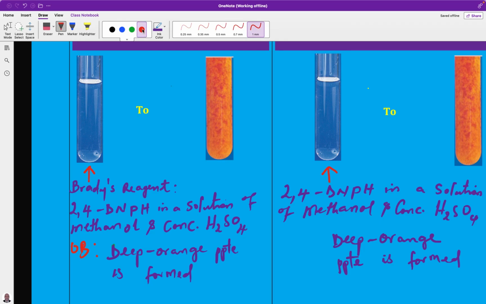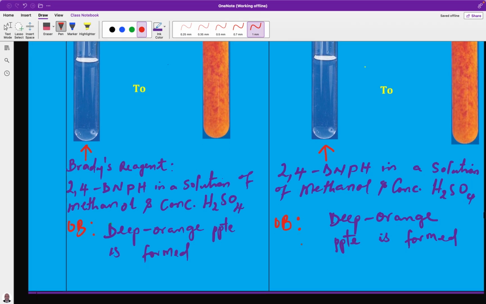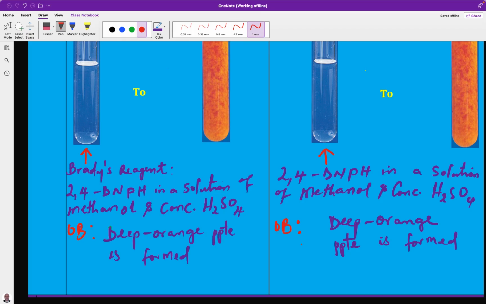And what is the indication of this deep orange precipitate? This deep orange precipitate is indicating the presence of a carbonyl group.